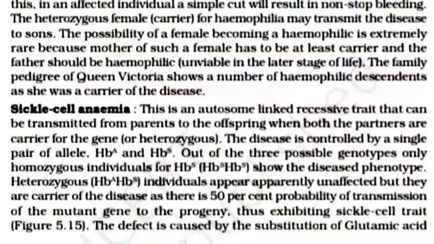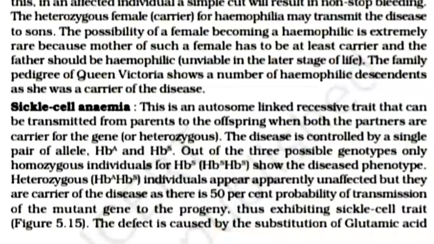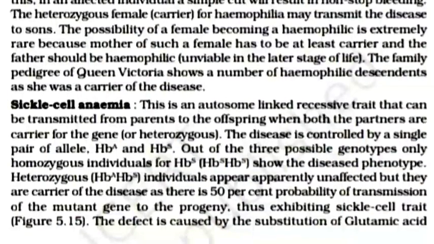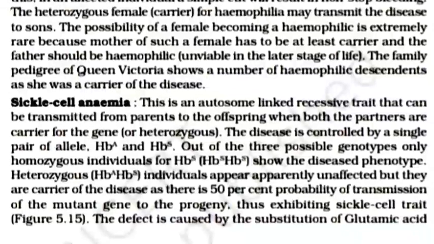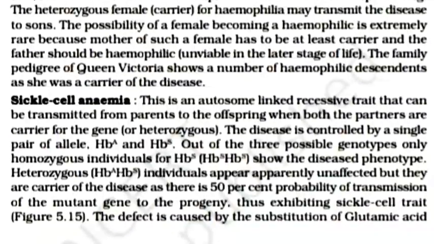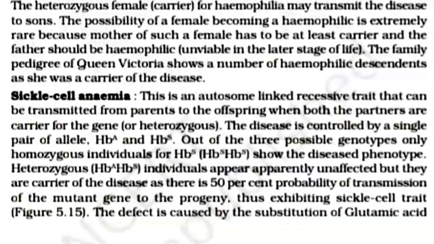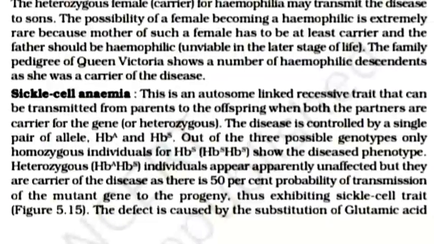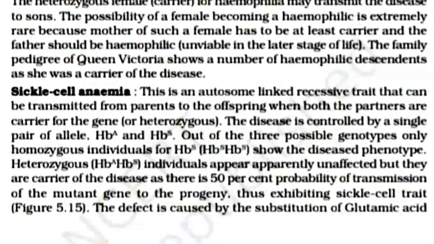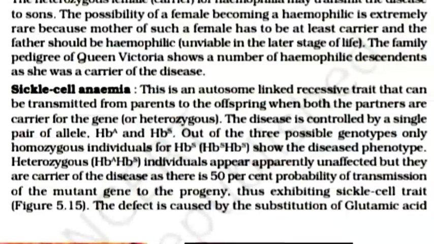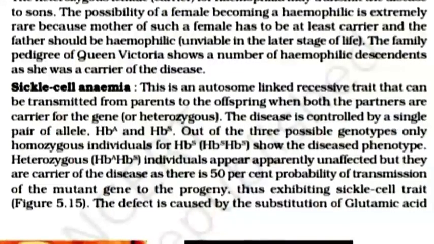Heterozygous Hb^A Hb^S individuals appear apparently unaffected, but they are carriers of the disease as there is a 50% probability of transmission of the mutant gene to the progeny, thus exhibiting sickle cell trait.